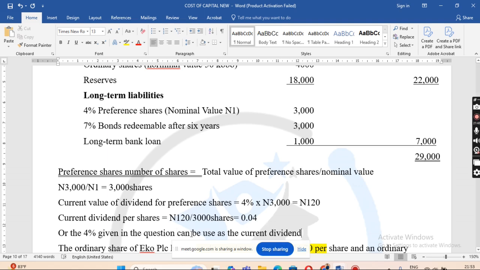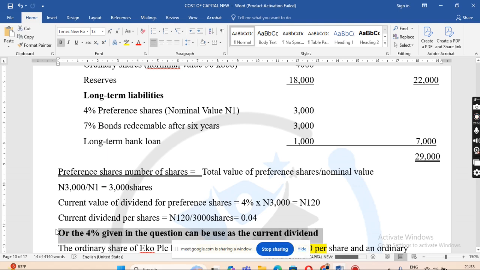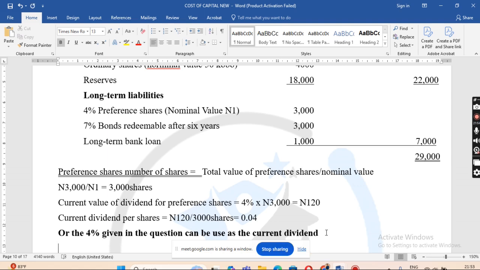As the current dividend. Now, we've already said this is what we will get, right? Class, we've gotten our what? The current dividend. Is that not so? Which is 0.04, or you use the 4% given to you in the question, class.